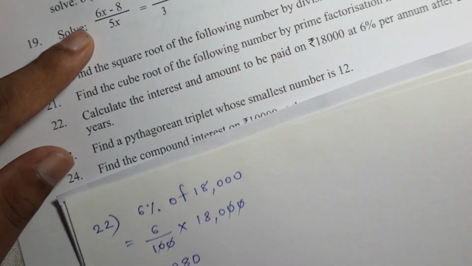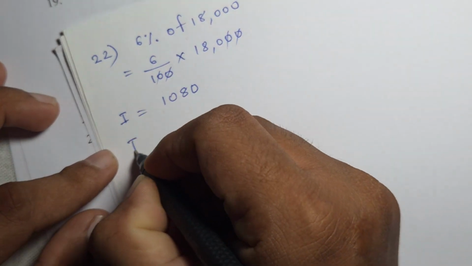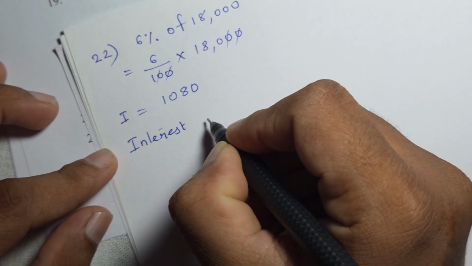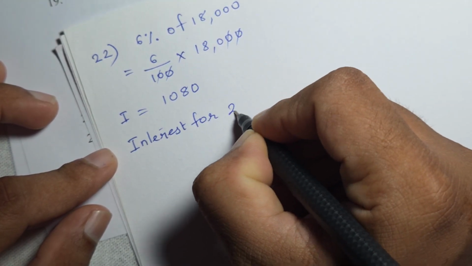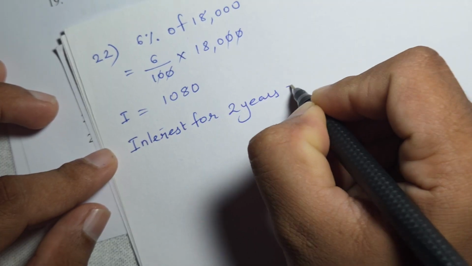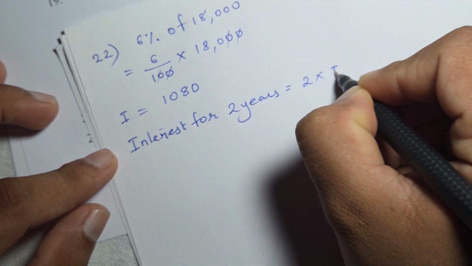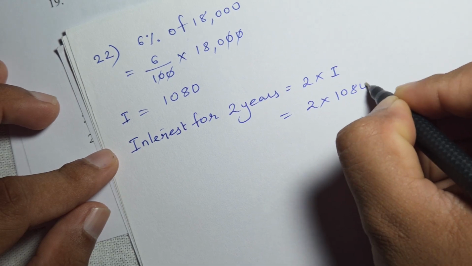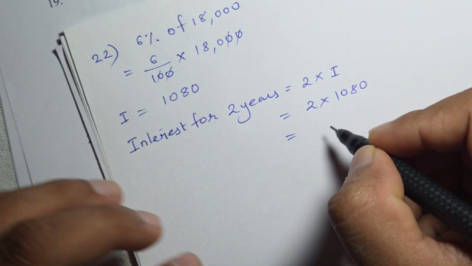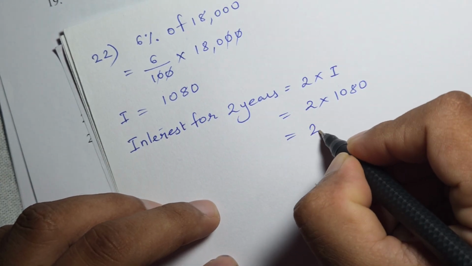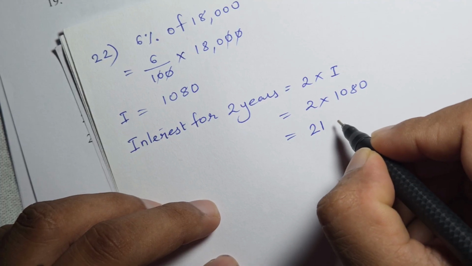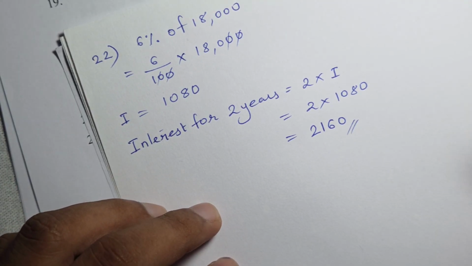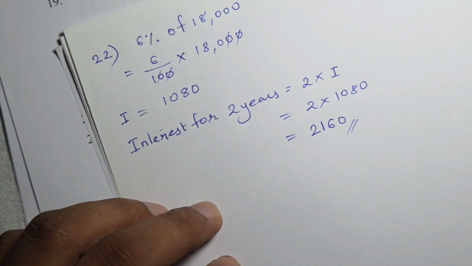So interest for 2 years will be 2 into the interest. So 2 into 1080 is giving you 2160. Correct? And that is your answer for 2 years.